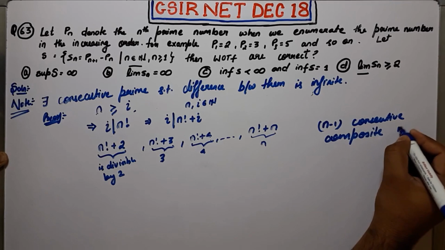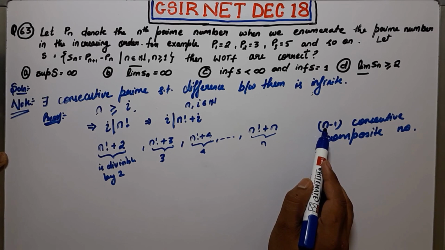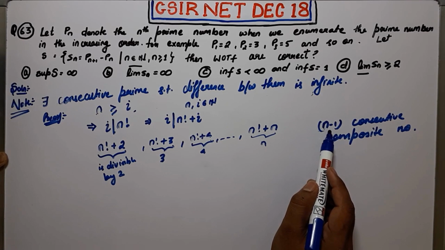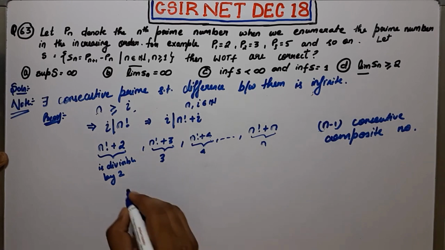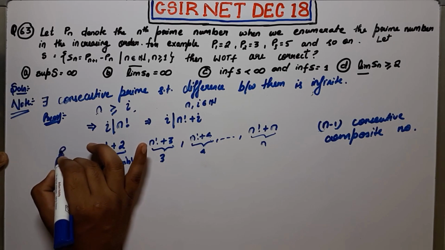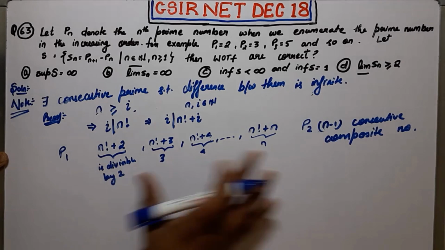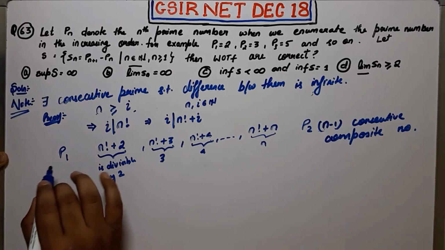You see, if n goes to infinity, then the difference, infinity minus 1, is infinity. That means you get a sequence of infinitely many consecutive composite numbers. So if I suppose p1 is a number here and p2 is a number here that are successive primes.